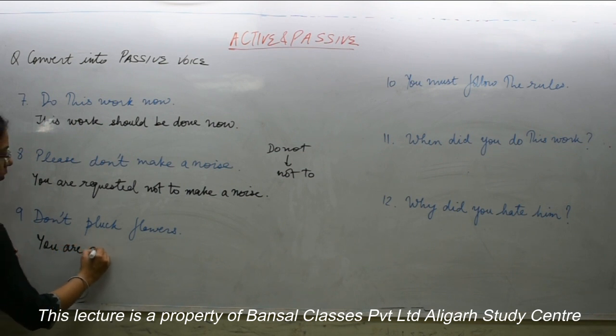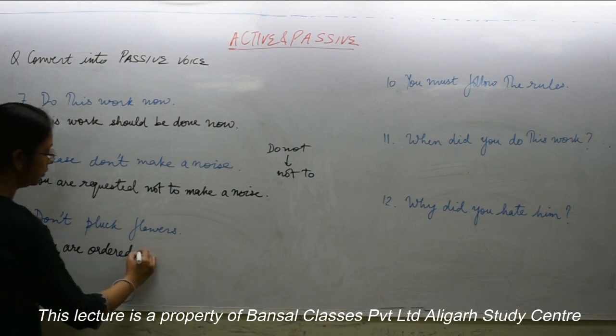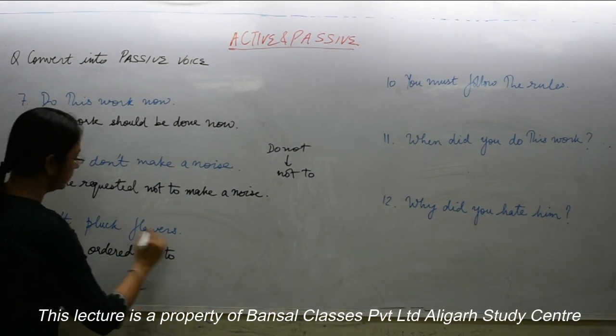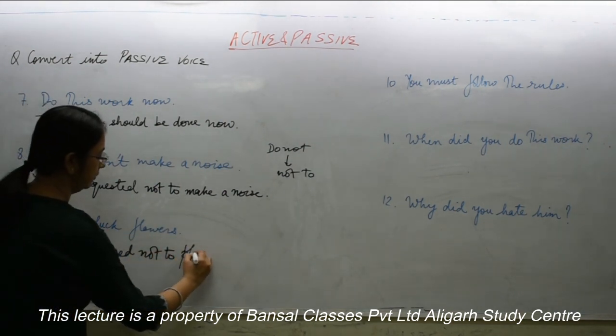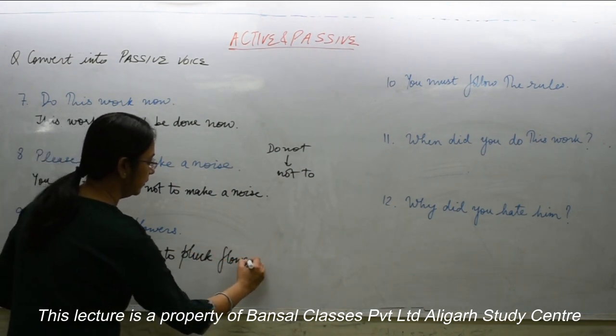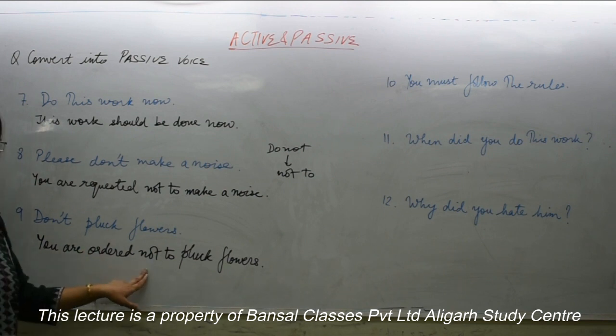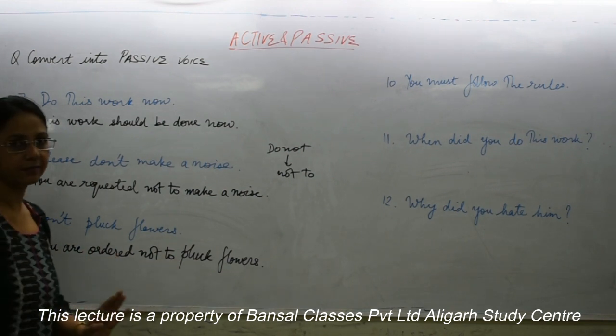Similarly with the case, don't pluck flowers. You are ordered, don't will get converted into not to pluck flowers. Since don't pluck flowers is an order, we assume it, because it's not a request. So we are just saying you are ordered not to pluck flowers.